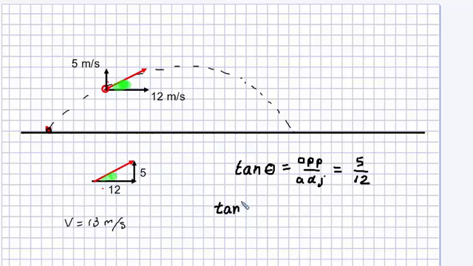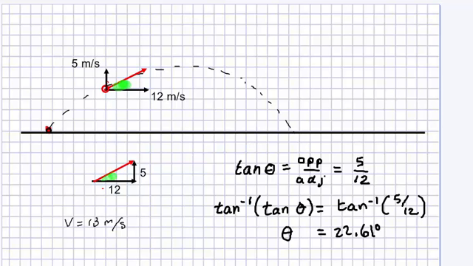So if we inverse tangent the left side of the equation, that will undo the tangent, leaving behind only the angle itself. But if we inverse tangent the left side, we must also do that to the right side of the equation. And so we type that into our calculator and discover that the angle in question is 22.61 degrees.